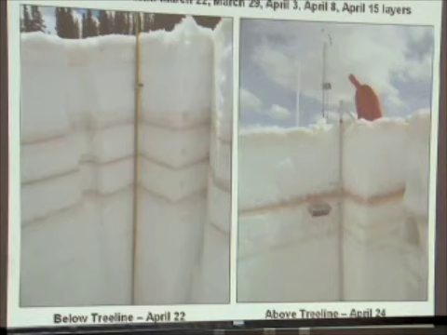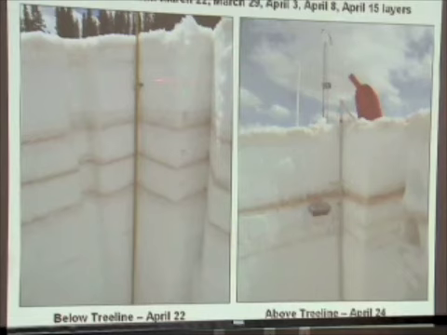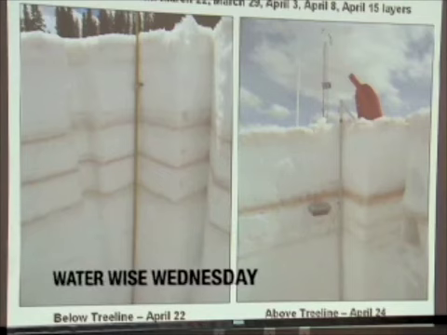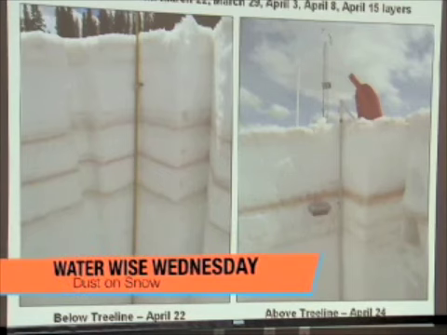And these are the 3 layers I dug in a pit a little bit later, April 22nd, at our study site near Red Mountain Pass. And any one of these 3 layers would have represented a monumental dust on snow event, larger than anything we'd seen before, including the February 15th, 2006 layer, which did affect Vail, did affect the whole state.